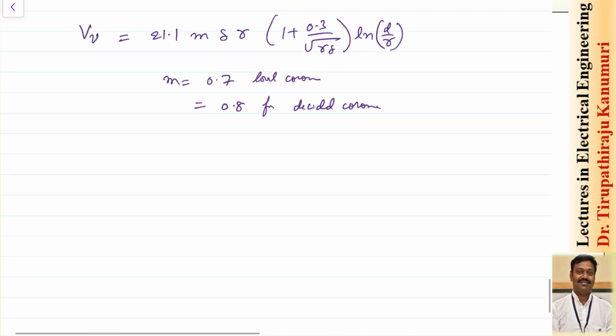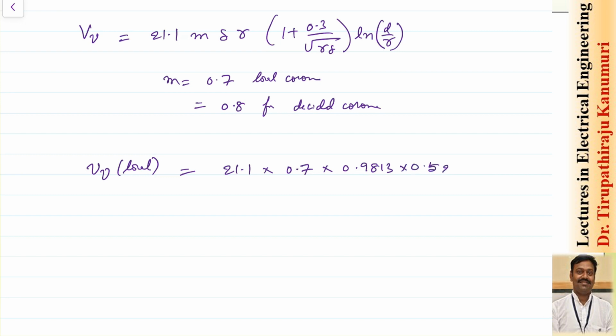So let us try to calculate what is the value of V_v for local corona. So V_v local will be equal to 21.1 into the value of m taken as 0.7. So this will become equal to 0.9813 into 0.52 into 1 plus 0.3 by square root of r delta.